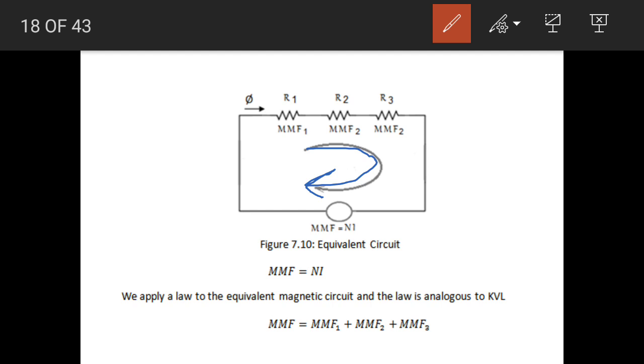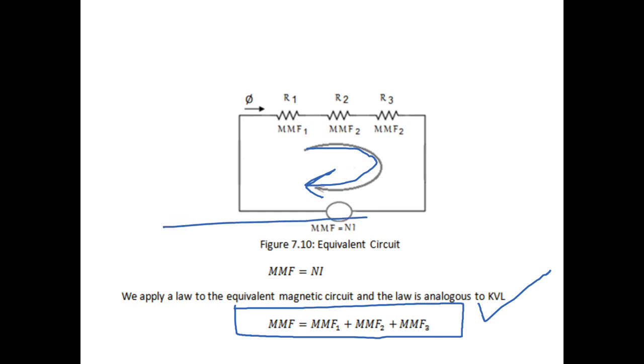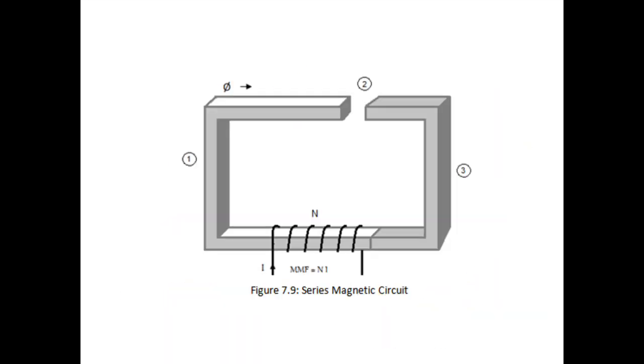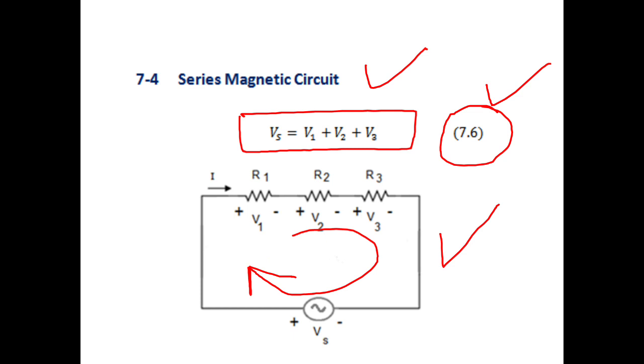So according to this law, the total MMF in this particular loop will be equal to MMF1 plus MMF2 plus MMF3, and this equation is analogous to equation number 7.6.